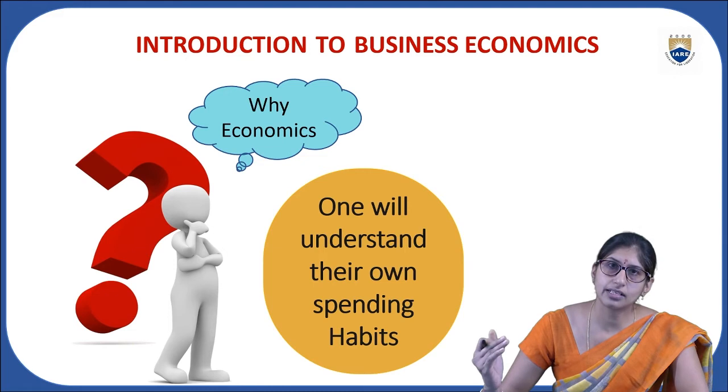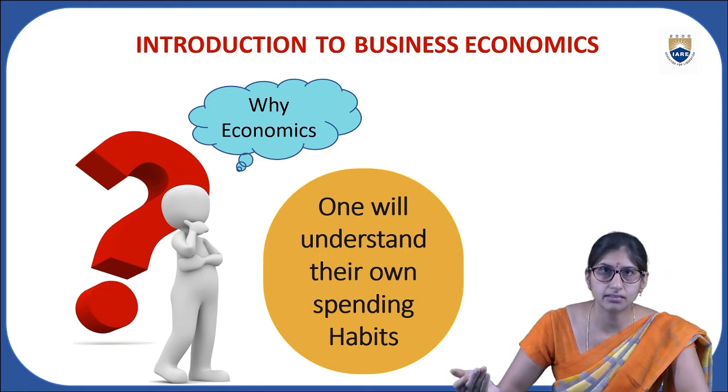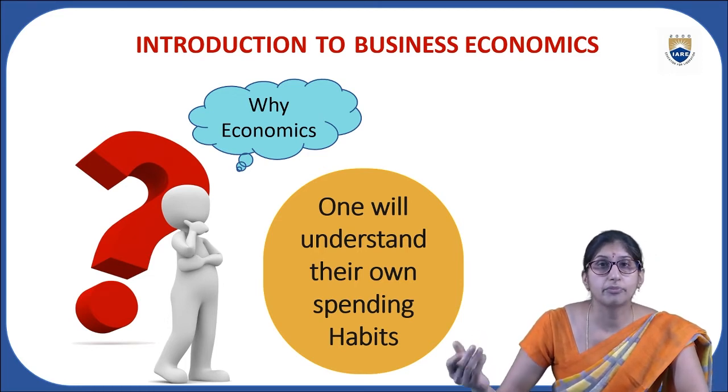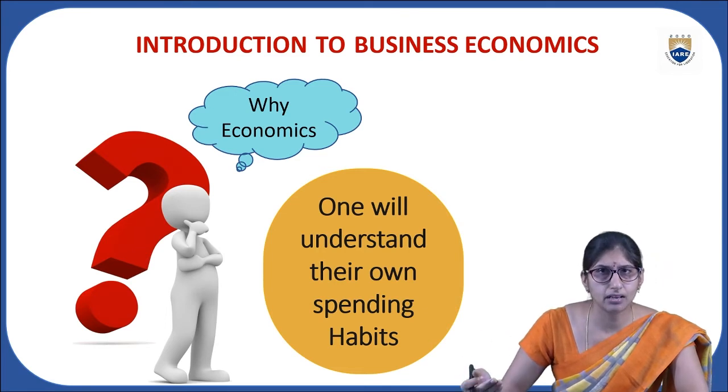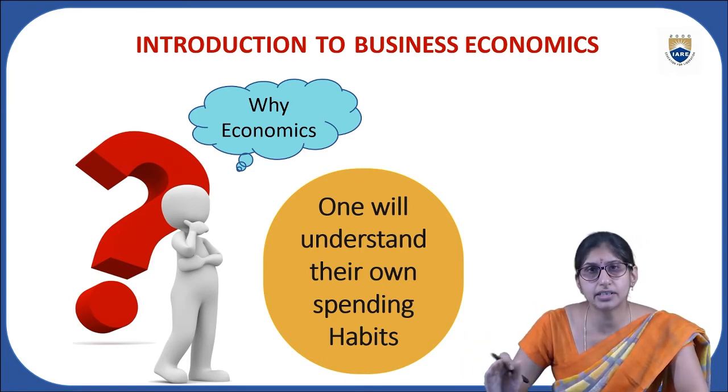Once I satisfy that want, I get another wish, that I want to buy a building or a property. As I go on satisfying my wants, I also get more and more wants. So here we have unlimited wants.